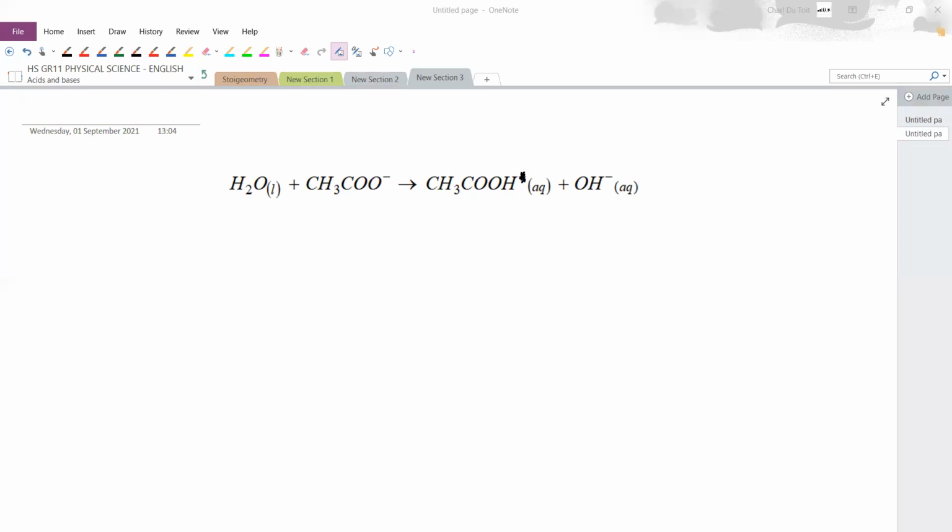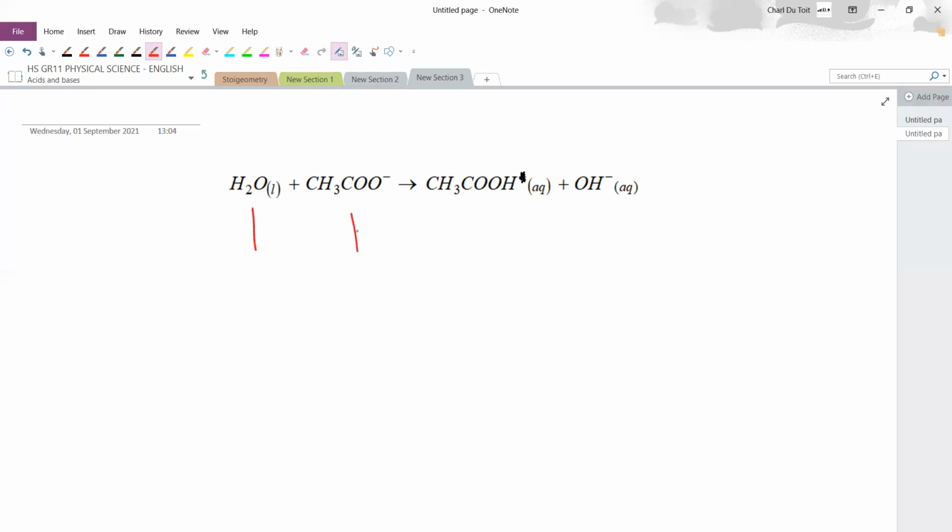Okay, so identify the acid and the base on the left-hand side of the equation, the reactant side. Which one is the acid and which one is the base? Which one is donating protons or hydrogen ions? Identify the acid between these two red ones.